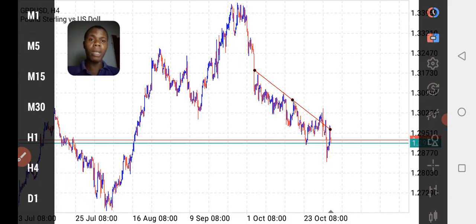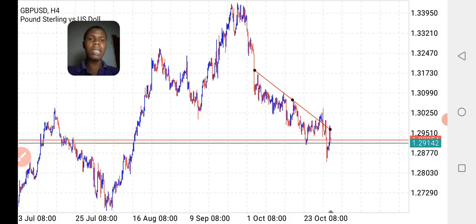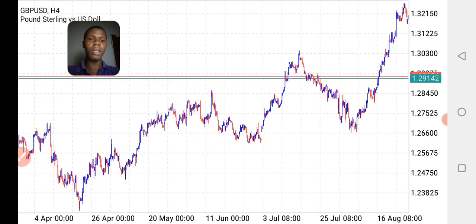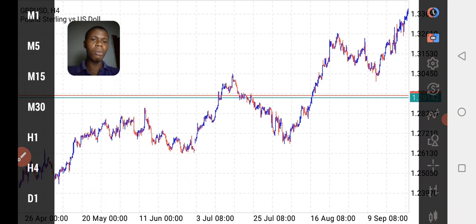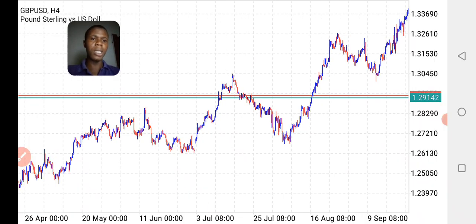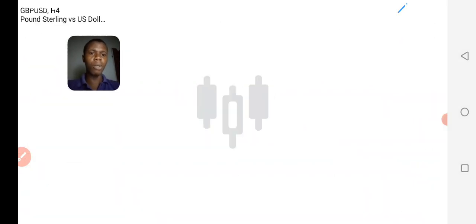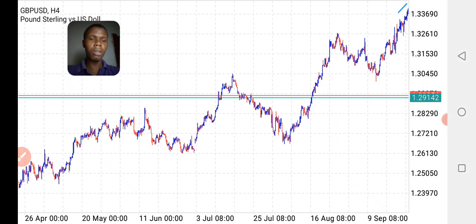But first of all, let's get to understand what the market trend is. Let's analyze this market from here. It's actually bullish. As you can see here, it is bullish. What we can see here is a break of structure.